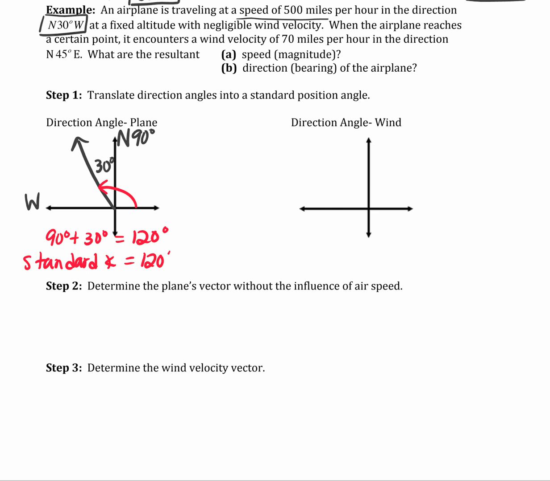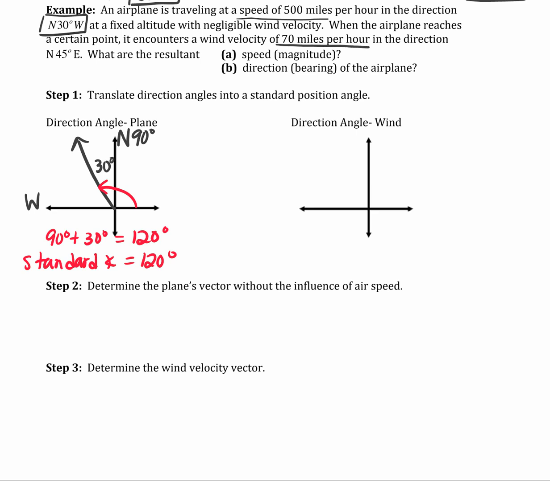So we're going to get the standard angle for our airplane and then also the standard angle for the wind as our first step. The airplane reaches a certain point and encounters a wind velocity of 70 miles per hour.